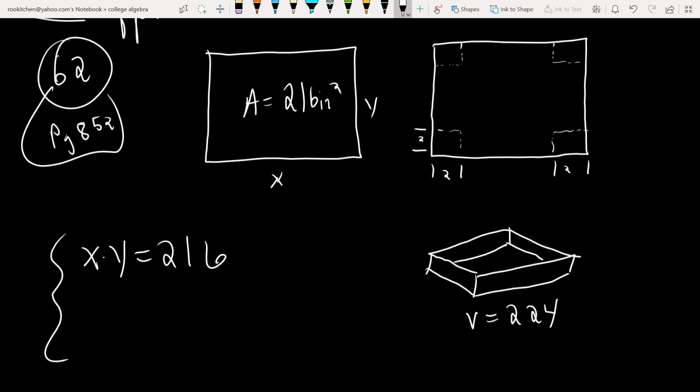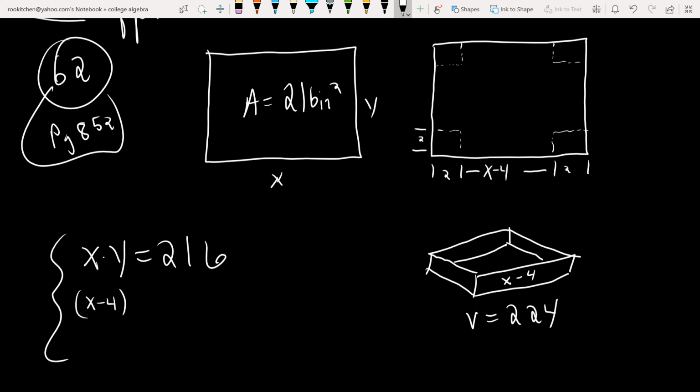Okay. And then for the volume, this length here, for the base, is x minus 4. The volume is just base length times base width times height.